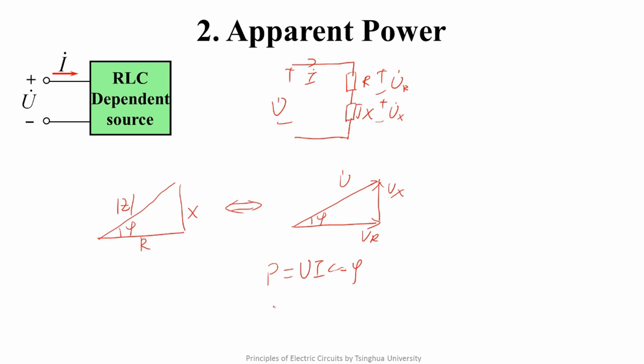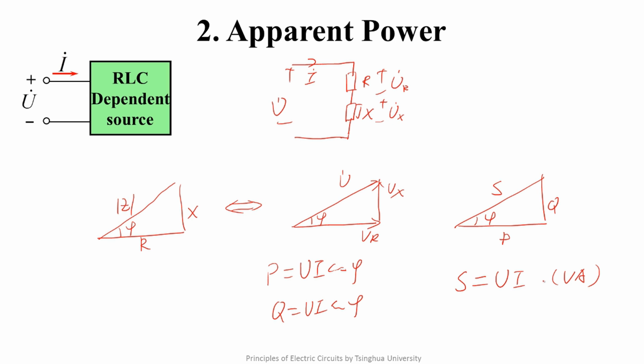We just defined Q equals Ui sine phi. Here the phi is both the impedance angle and the phase difference of the port voltage and the current. So we can draw a power triangle naturally, that is, we define the hypotenuse as the apparent power S, and its unit is VA.